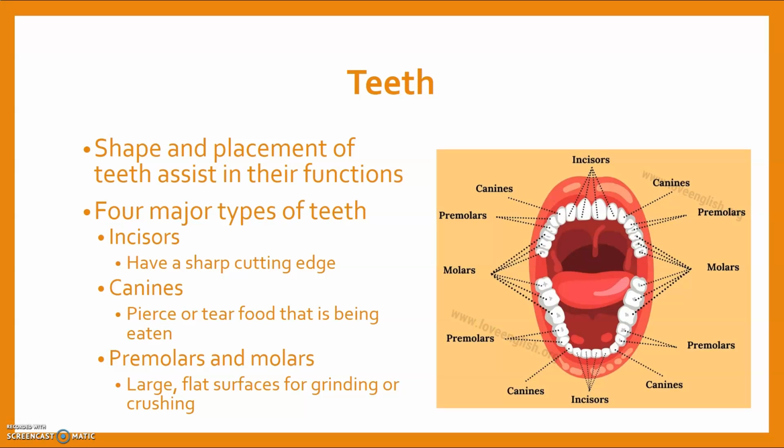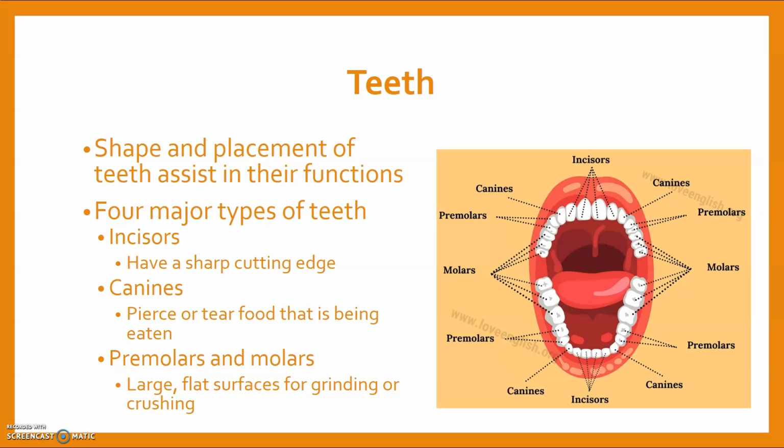We're now going to look at teeth. Teeth are an important accessory organ, like the tongue, to the mouth. The shape and the placement of teeth assist in their function. And you have four major types of teeth. You have what's called incisors, and these incisors have a sharp cutting edge. You have your canines, which are used to pierce or tear into food that's being eaten.